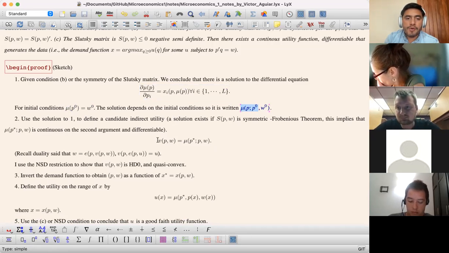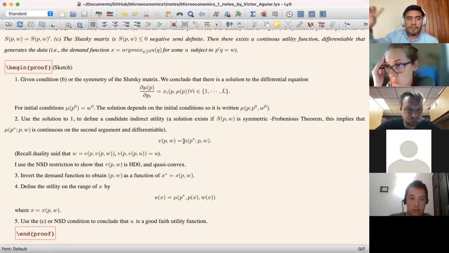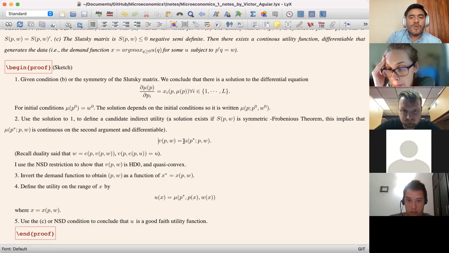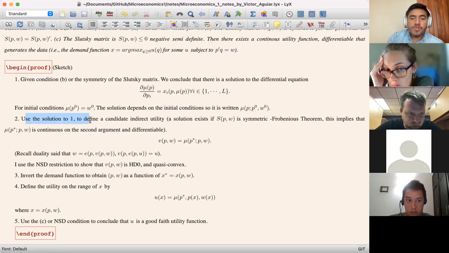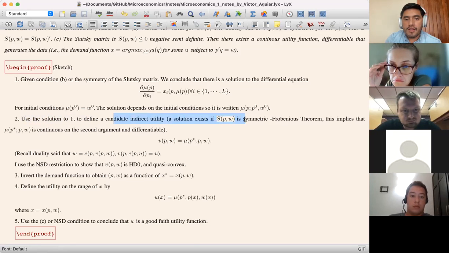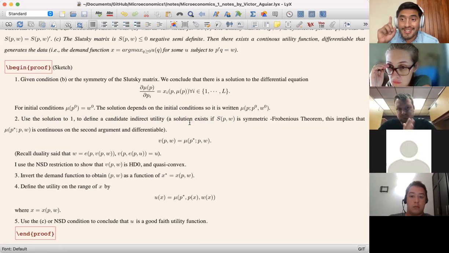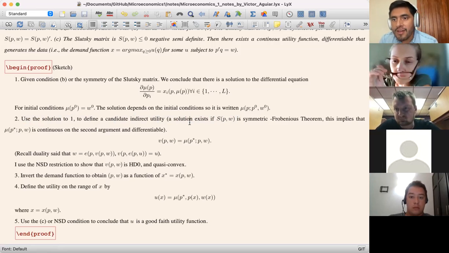And using that, I can propose the indirect utility. Importantly, where do I use symmetry of the Slutsky matrix? Look at this, step 2. Use the solution to the partial differential equation system in step 1. Define a candidate indirect utility. A solution exists if the Slutsky matrix is symmetric, right?